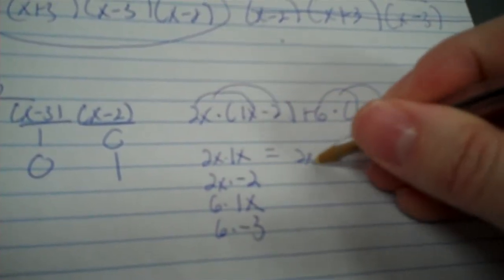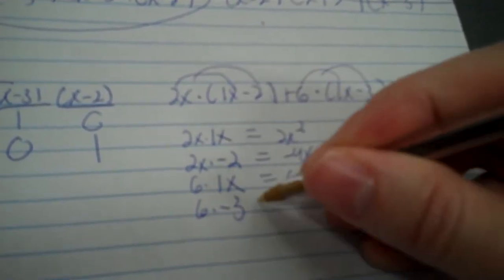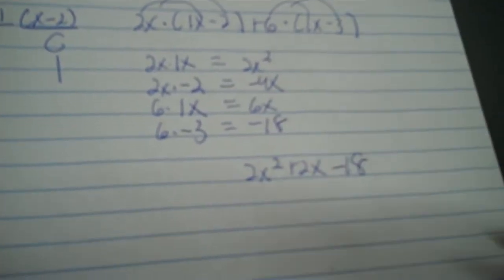So that's 2x to the second, that's negative 4x, that's 6x, and that's negative 18. So what do we have? We have 2x second plus 2x minus 18. Put that down here.